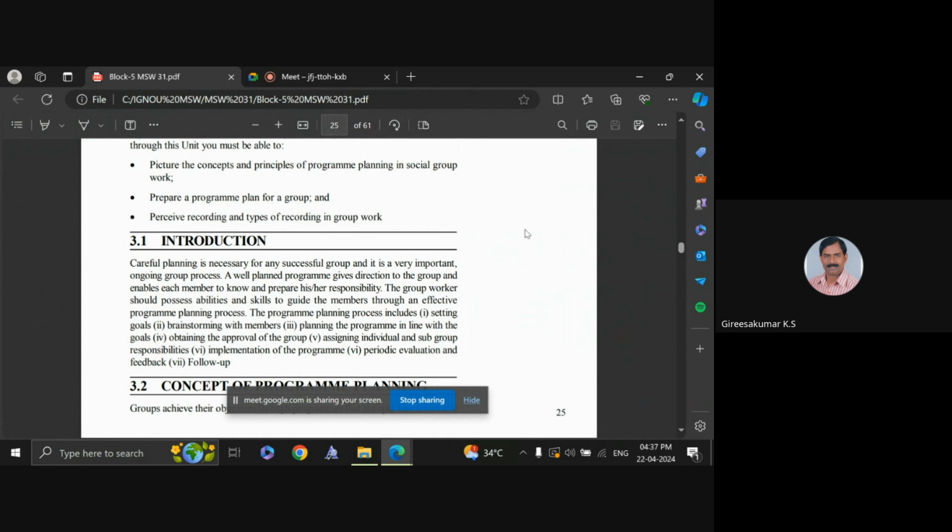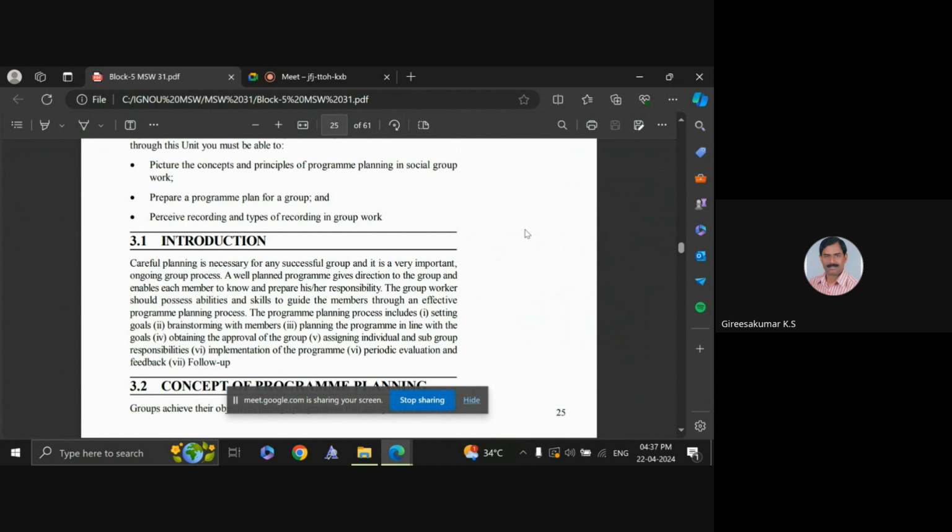So, the social group worker must have abilities for control and to guide members. So effective program planning processes are necessary.